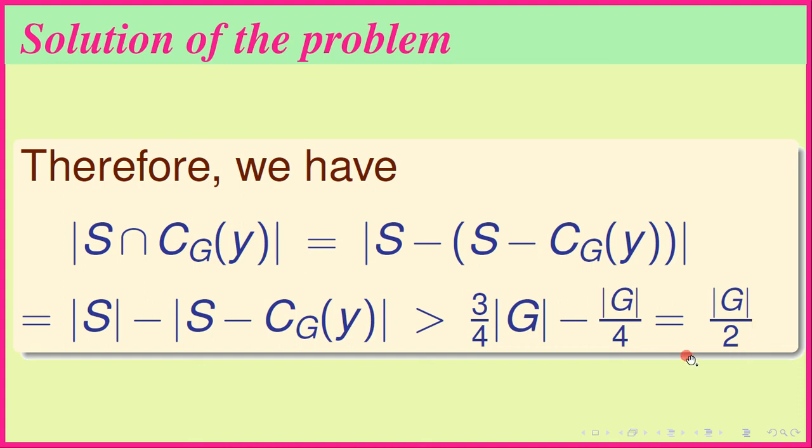So what we have shown is that size of S intersection CGY is strictly greater than order of G by 2. So in particular, size of the centralizer is greater than order of G by 2.